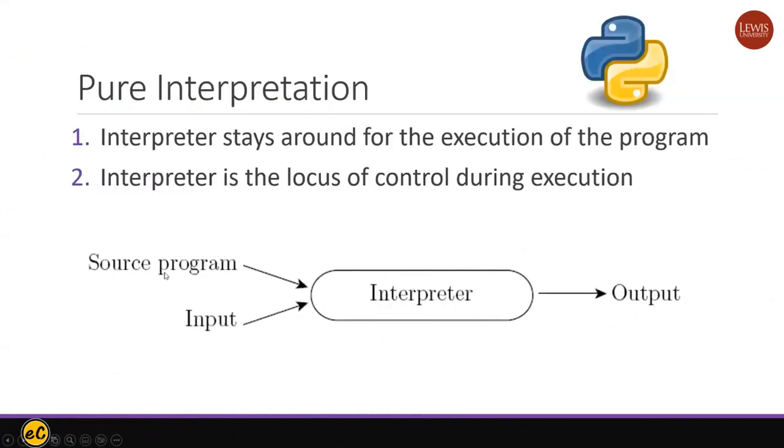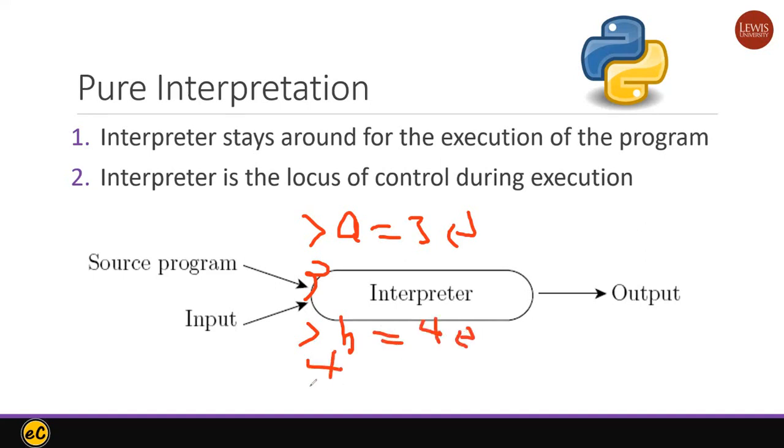So Python has a source program, and then with input you create output. Every time you have the prompt and you type in A equals 3, you interpret it, and then B equals 4, and you interpret it, and then print A plus B, and you interpret it, and it prints 7.